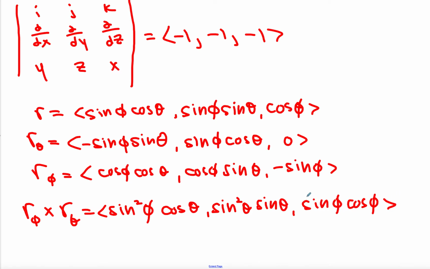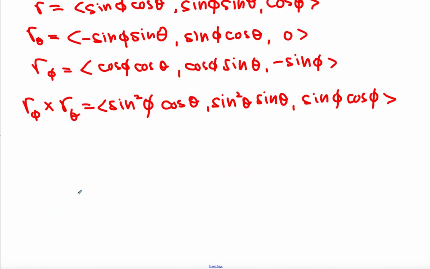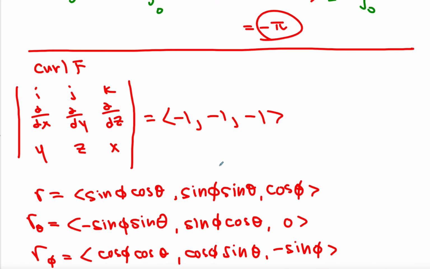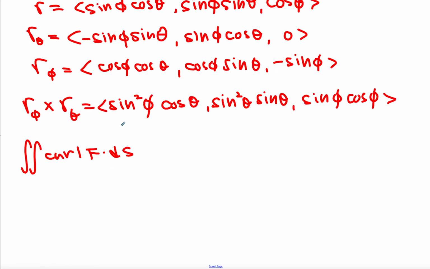So what we want to do is the surface integral of the curl of F dot dS. In order for me to do that, I have to dot this one with this essentially. Then what do I end up getting?